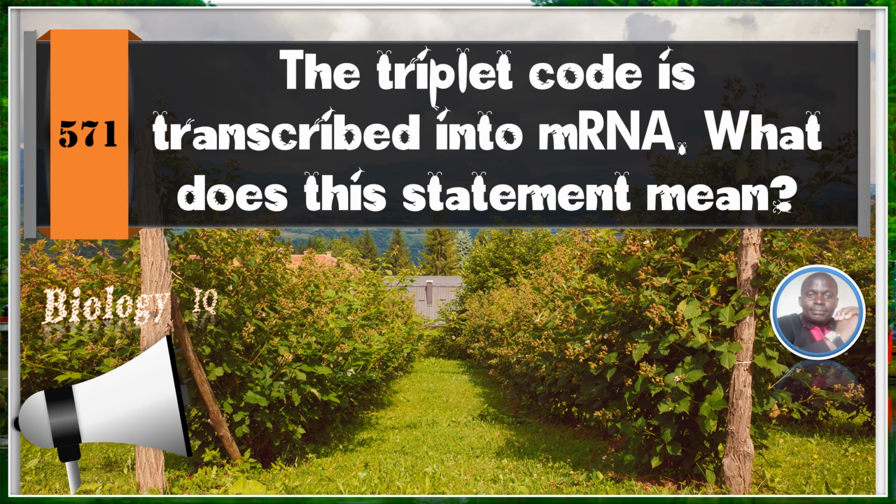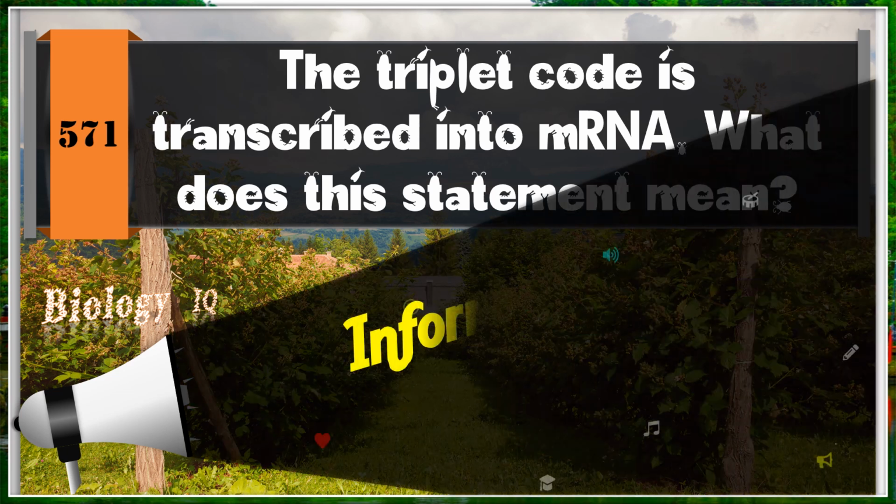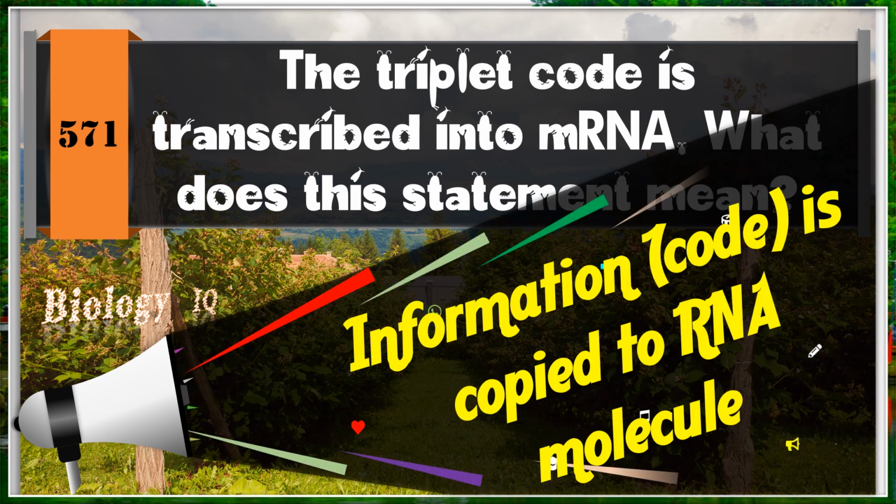The triplet code is transcribed into mRNA. What does this statement mean? Information, or what we call the code, is copied to an RNA molecule.